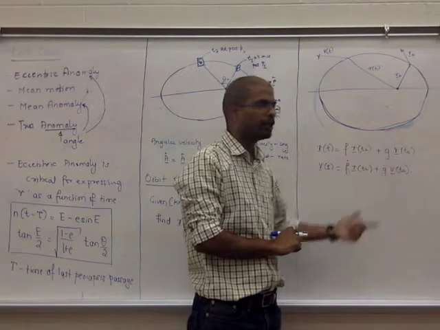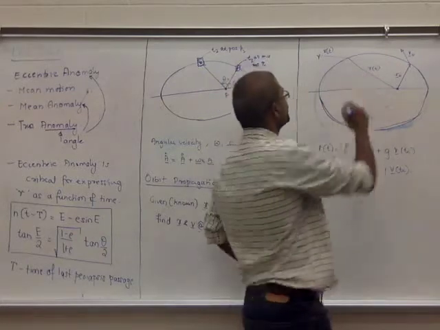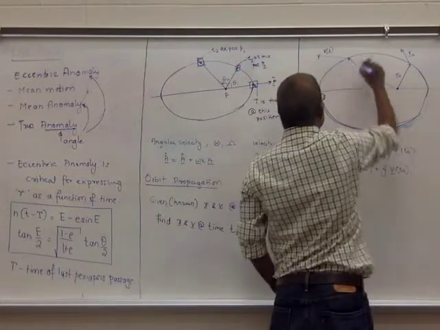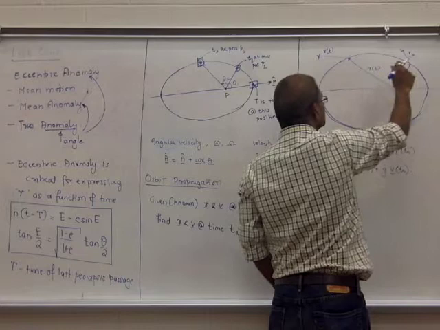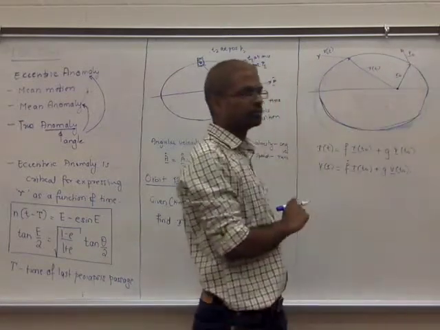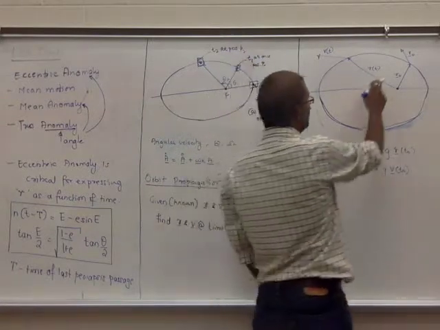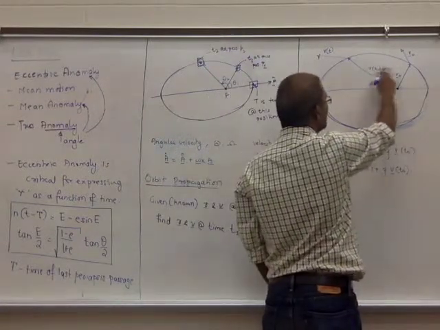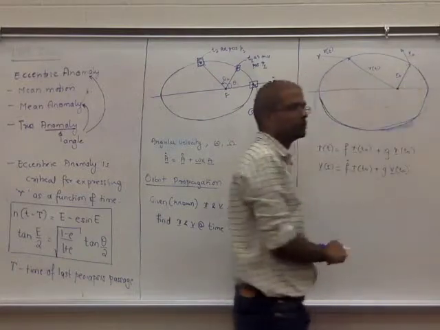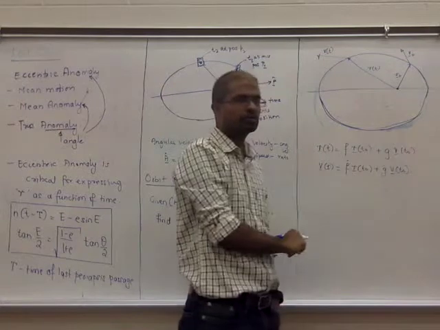Any triangle you make out of these three, what three are we talking about? We are talking about R, R naught, and V naught. There will always be some relationship which can be established between R, R naught, and V naught. That is what we are trying to do here.